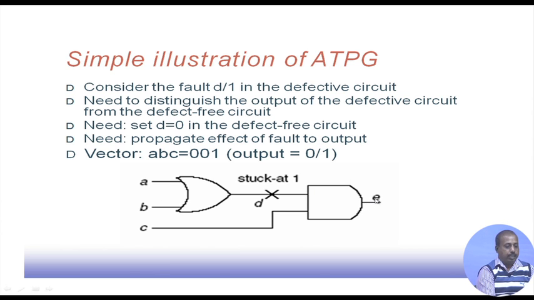Under this 0 0 1, the E output is 0 in the fault free case. So, if we are trying to check E stuck at 1, this pattern is sufficient. So, once we have detected this pattern 0 0 1 for D stuck at 1 fault, we also can drop the fault E stuck at 0 from this set.